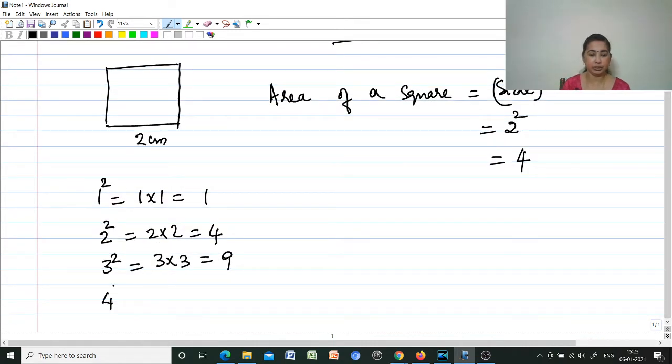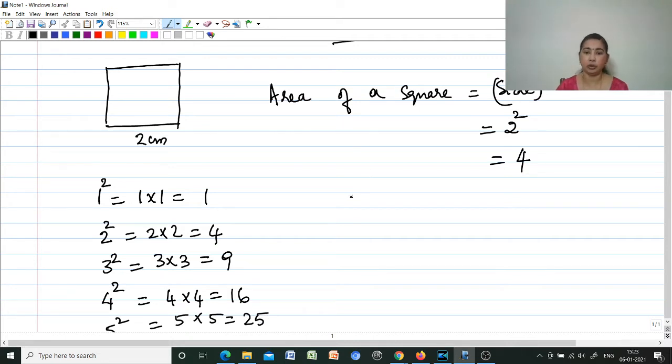Multiplying the same number by itself is called squaring. So 4 into 4 is equal to 16. 5 square is 5 into 5, which is equal to 25. Then 6 square is 6 into 6, which is equal to 36, and so on.